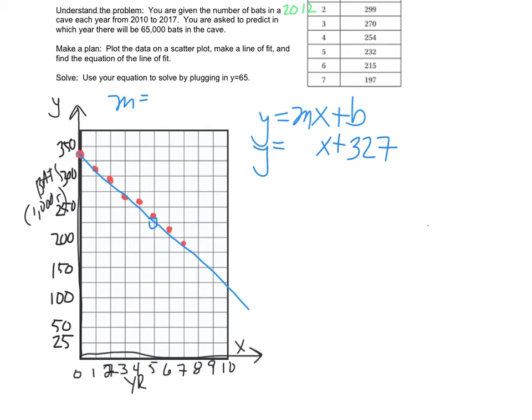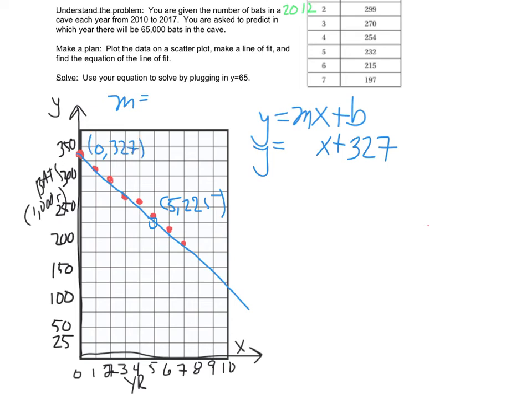So that point is 5, 225. If I take that point, 5, 225, that would be one of the points. This upper point was 0, 327.